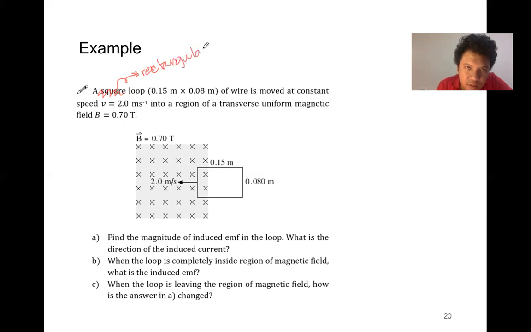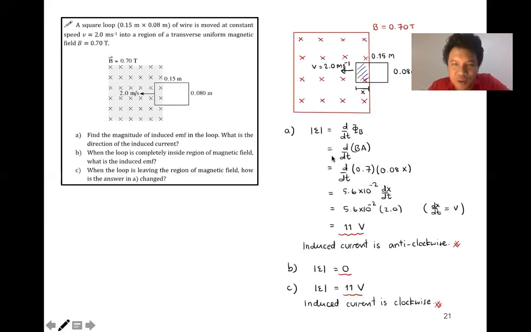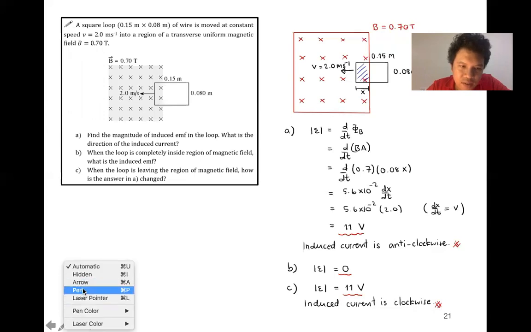A rectangular loop of wire is moved at a constant speed, v, into a region of a transverse uniform magnetic field, B. Okay, so this one will become a little more difficult, but the first thing we need to do is to find the magnetic flux.